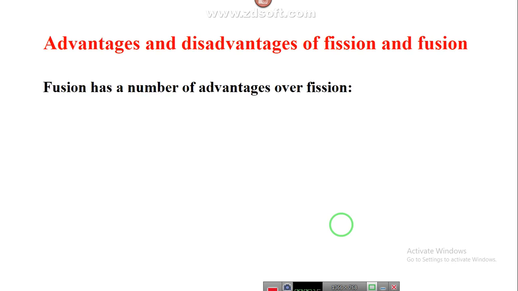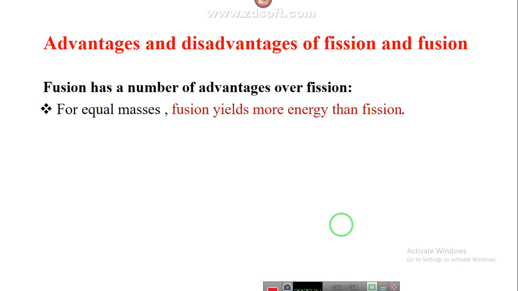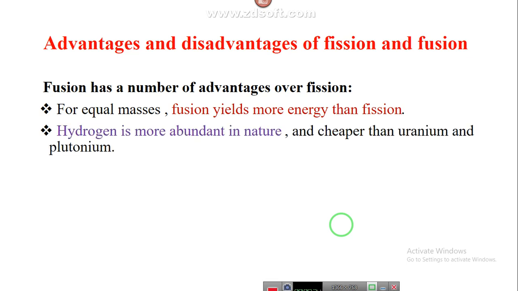Advantages and disadvantages of fission and fusion. Fusion has more advantages over fission because, first of all, for equal masses, fusion yields more energy than fission. Also, hydrogen is abundant in nature and cheaper than uranium.